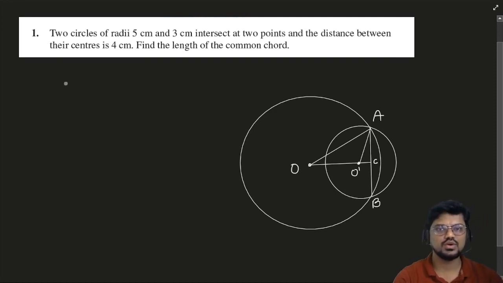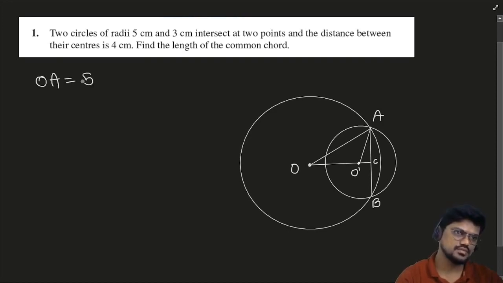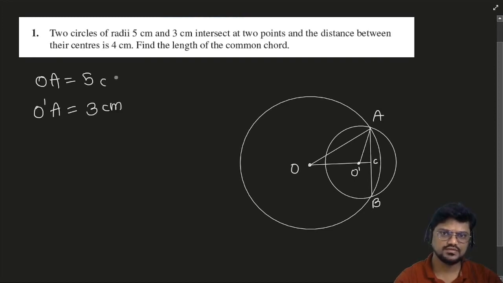Now what all things do I know in this? OA is how much? 5, the radius of the bigger circle. After that, I know the radius of the smaller circle, that is O dash A, 3 centimeter. The distance between their centers, that is OO dash, is 4 centimeter.